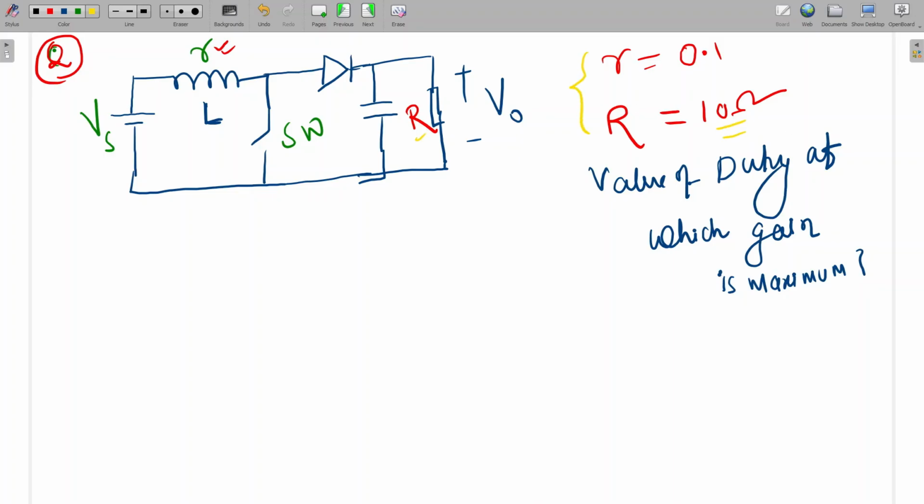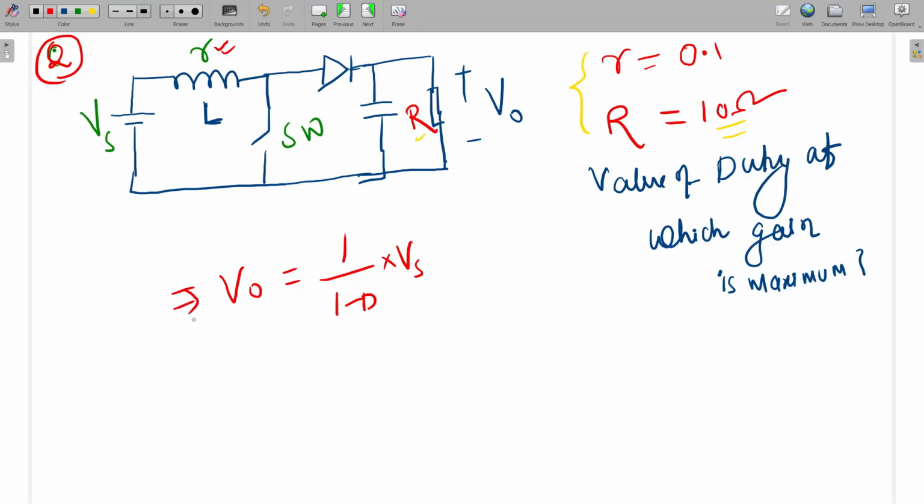So here we have to calculate the value of duty at which the gain of this converter will be maximum. If we look at the ideal boost converter, what will be the equation? V_O is equal to 1 by 1 minus D into V_S.